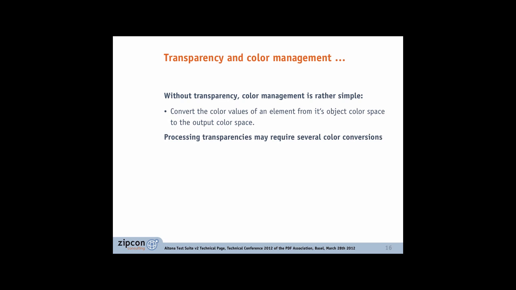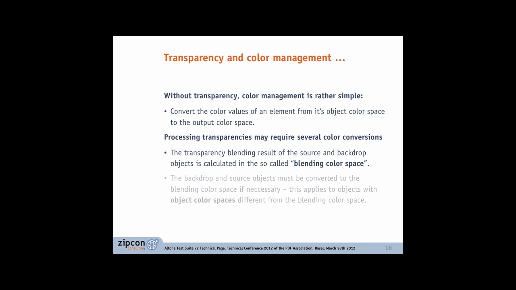With transparency, the complexity is raised, because, as we learned before, the calculation of the blending result is to be conducted in the so-called blending color space. What does that mean?